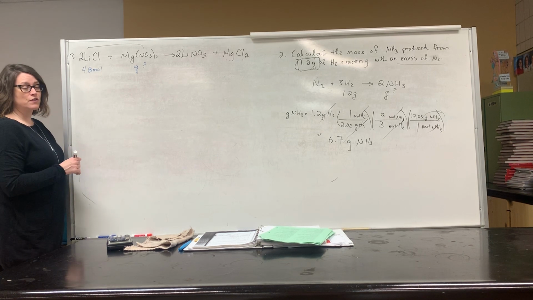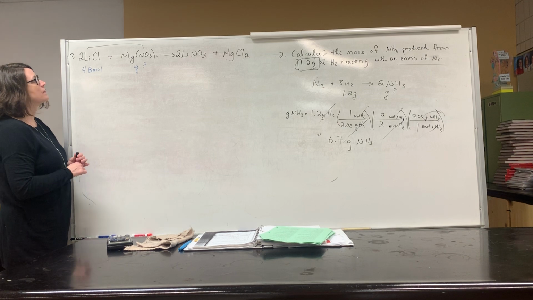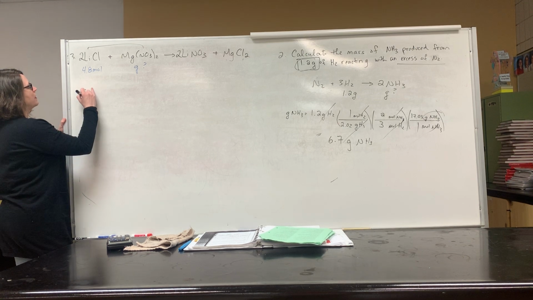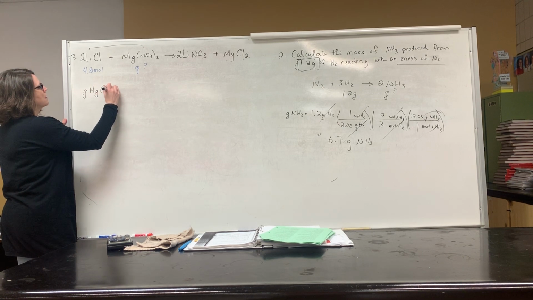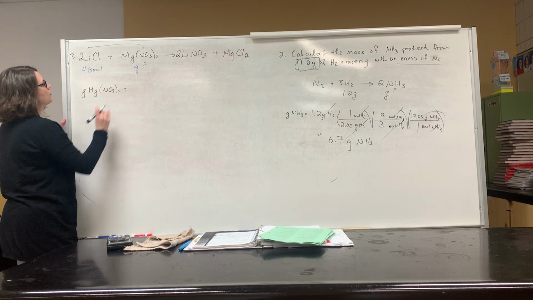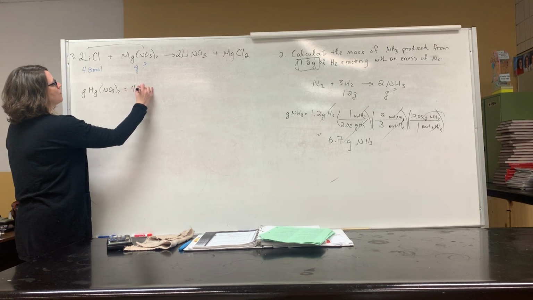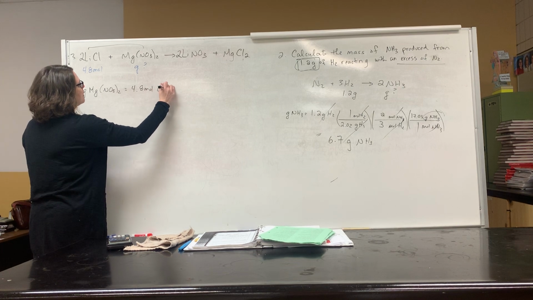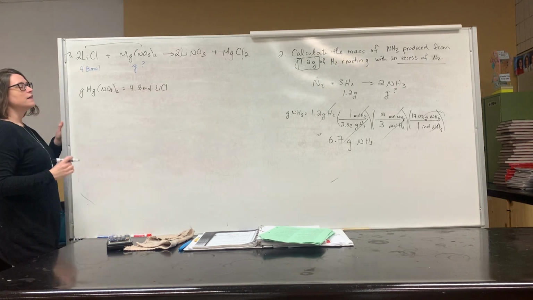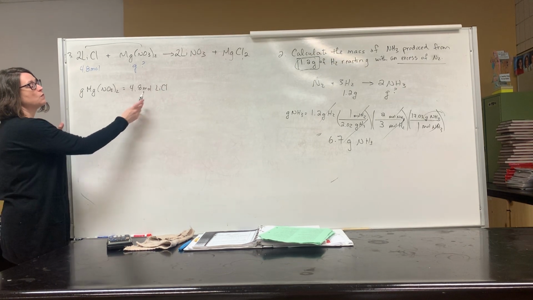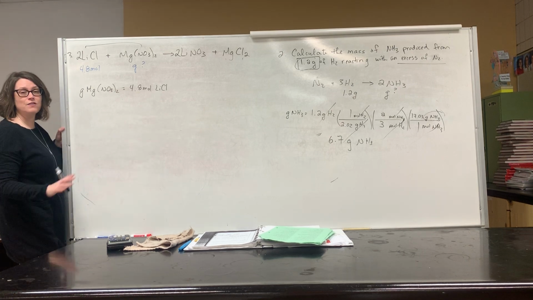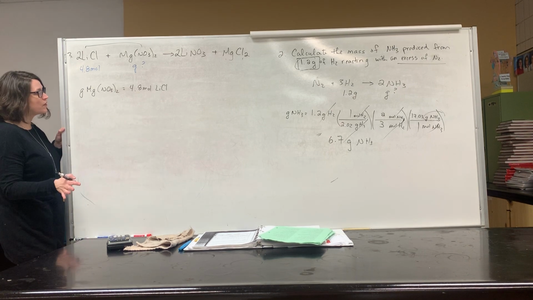You're just going to go to your dimensional analysis. What are you looking for? Grams of magnesium nitrate. Equals, what do you know? 4.8 moles of lithium chloride. Very first step, you're in moles of lithium chloride already, so you don't need to convert that into moles, you're already in moles.